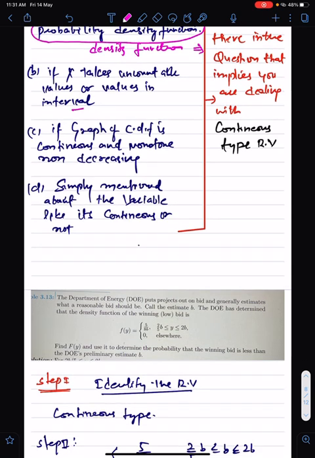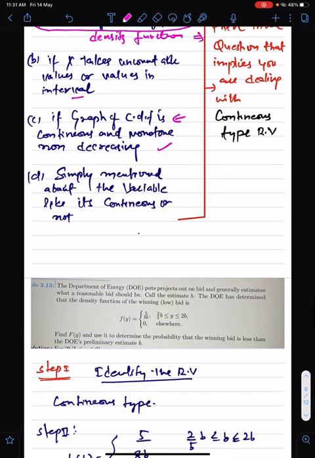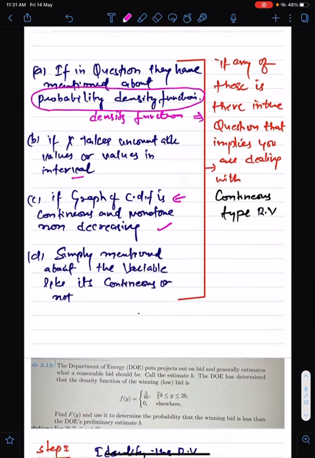Or if the CDF is given in the question, and you find that the CDF is a continuous function, monotonically non-decreasing and continuous, then you will say that your random variable is a continuous type random variable. Or sometimes they have already told you that x is a continuous type random variable, and then you know that you are in a continuous type random variable.